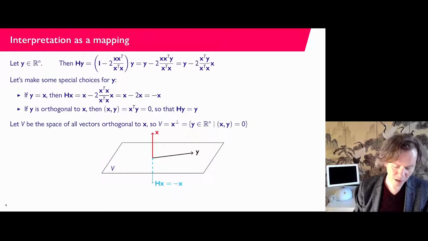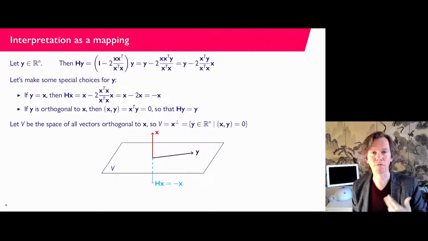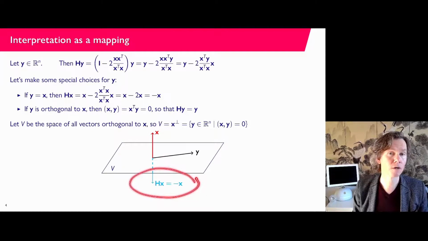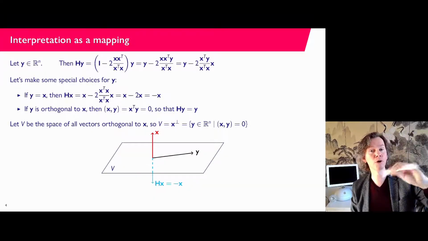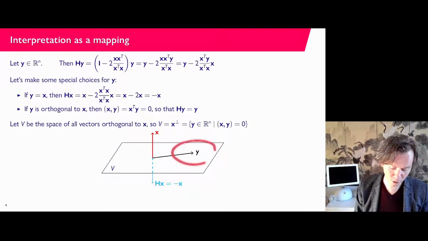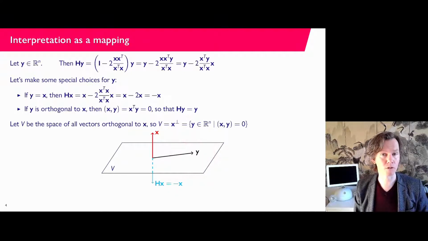Then basically what we have is this. If I plot it in 3D and then the plane would be 2D, then V is a plane. x is a normal to the plane, makes a 90-degree angle. And what you see is if I take H of x, I find minus x. So basically x is being mirrored in the plane, and every vector y that is in the plane stays where it is.